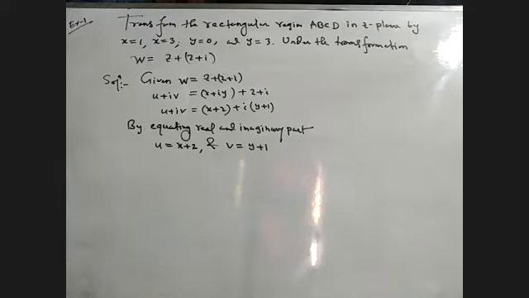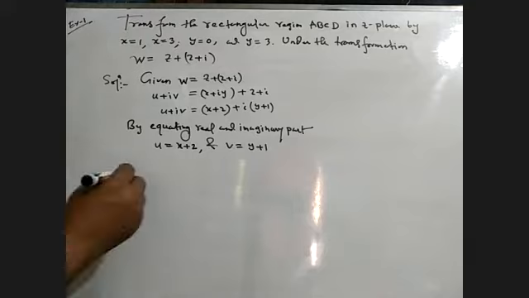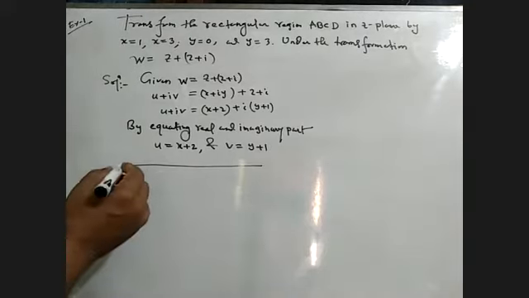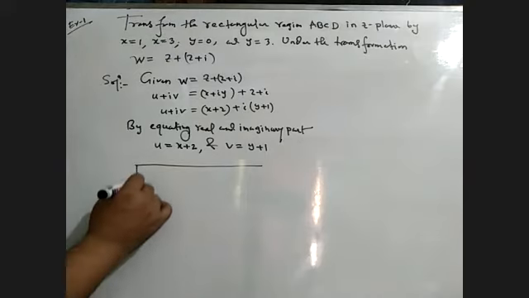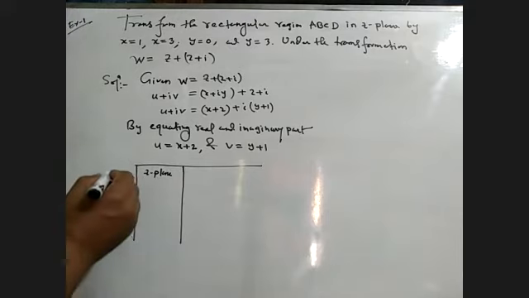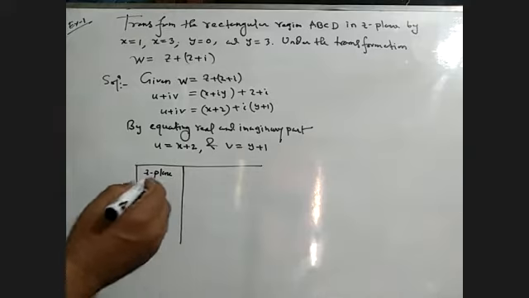Now we can draw boxes for both planes. Suppose this is the Z plane, and this will be the W plane.